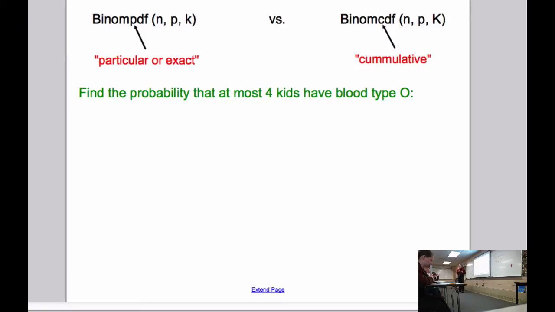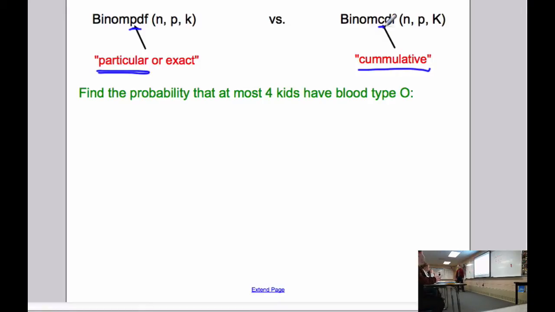The way I remember the difference is Pdf is particular, just like it's a P. It's a particular or an exact one. Whereas cumulative is C. Cumulative means to accumulate, to add up, right? That's how I'm going to teach you to remember. Those words aren't exactly what they're doing, but that's the way to remember it, okay? You don't have to worry about that question right now.